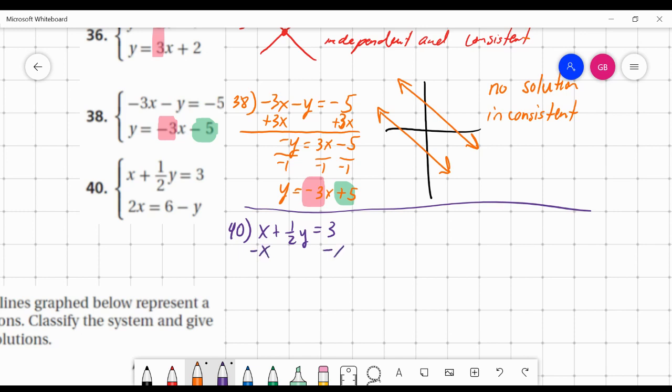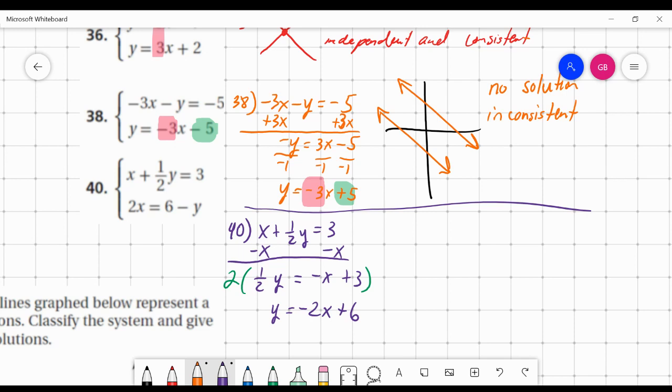First, subtract x from both sides. And then to get rid of the 1 half, you could multiply everything by 2. So y is equal to negative 2x plus 6.